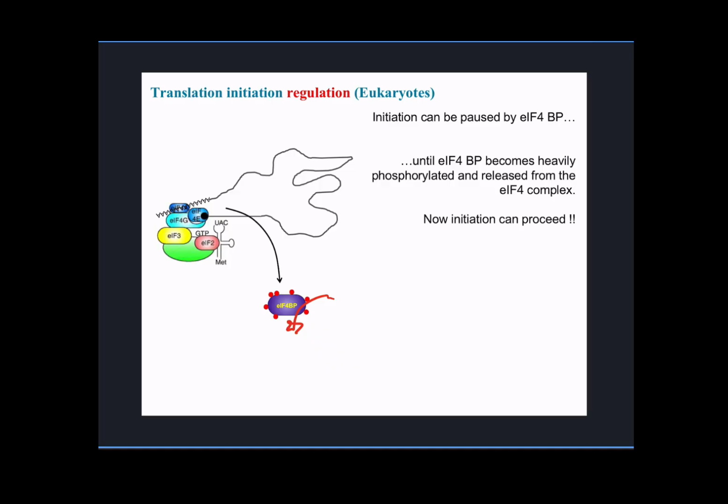So again, alternative splicing that did not involve coding sequence but involved the 5' UTR could, for instance, make an mRNA regulatable by 4BP or not. So one cell type may regulate the translation of a gene, while a different cell type that expresses a different splice isoform with a different 5' UTR that does not have a target sequence for 4BP will be completely insensitive to 4BP regulation. Yeah?